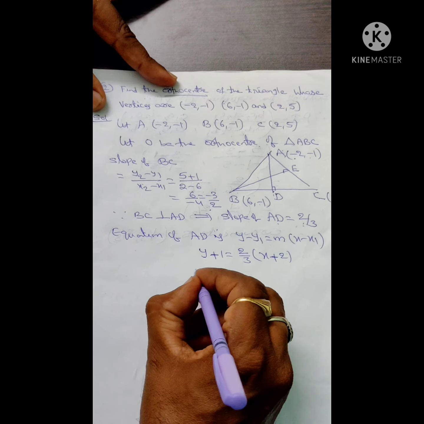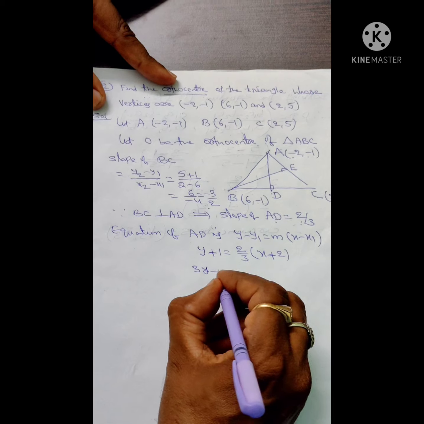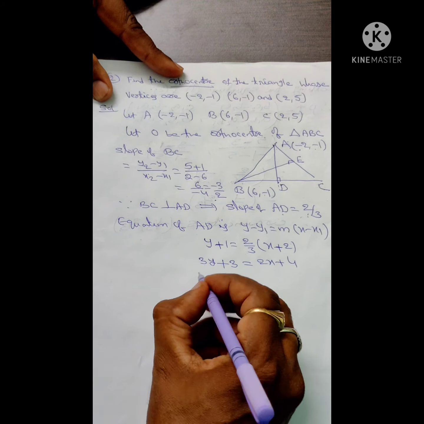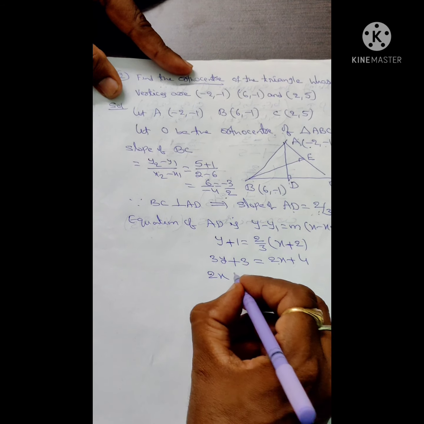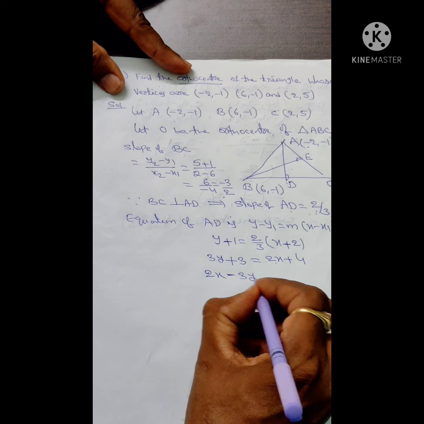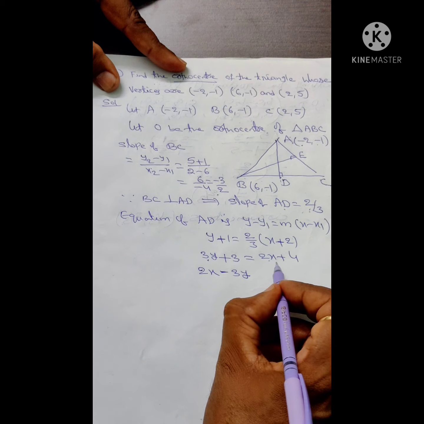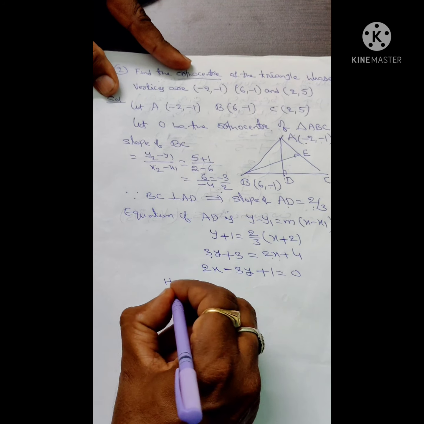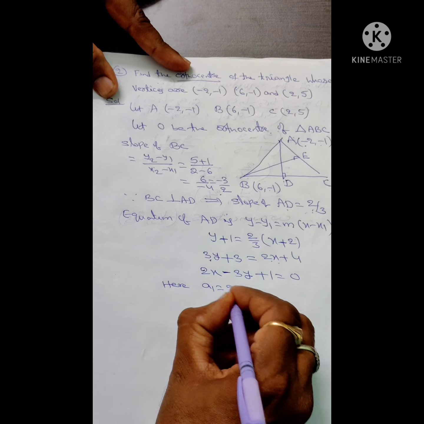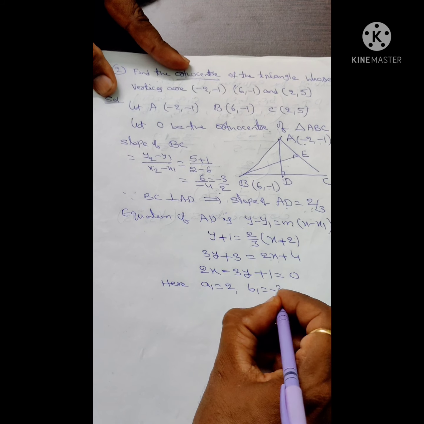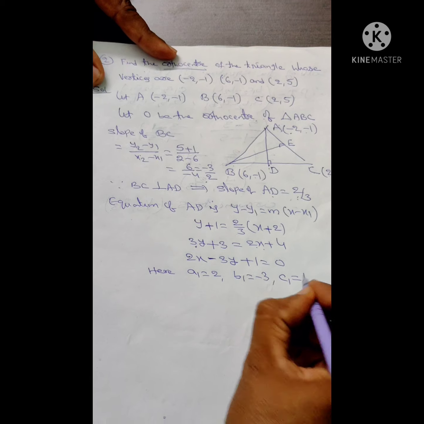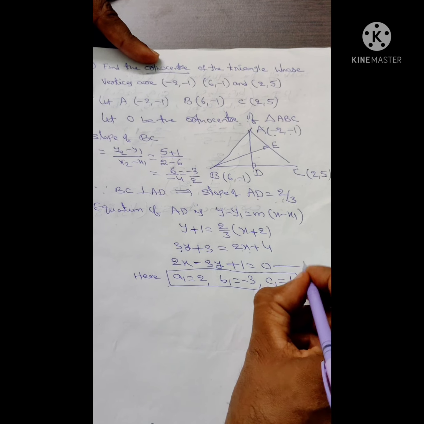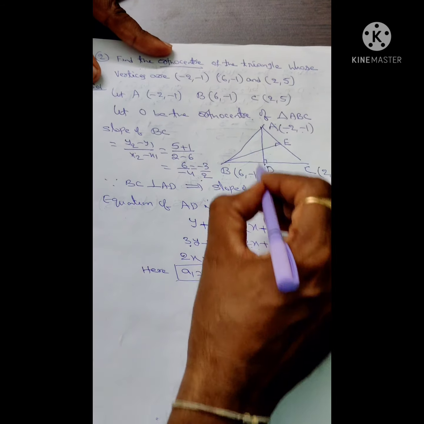Now cross multiplying: 3y plus 3 is equal to 2x plus 4. This is 2x minus 3y plus 1 is equal to 0. So here a1 is equal to 2, b1 is equal to minus 3, c1 is equal to 1. This is equation 1. So this is the equation of AD.